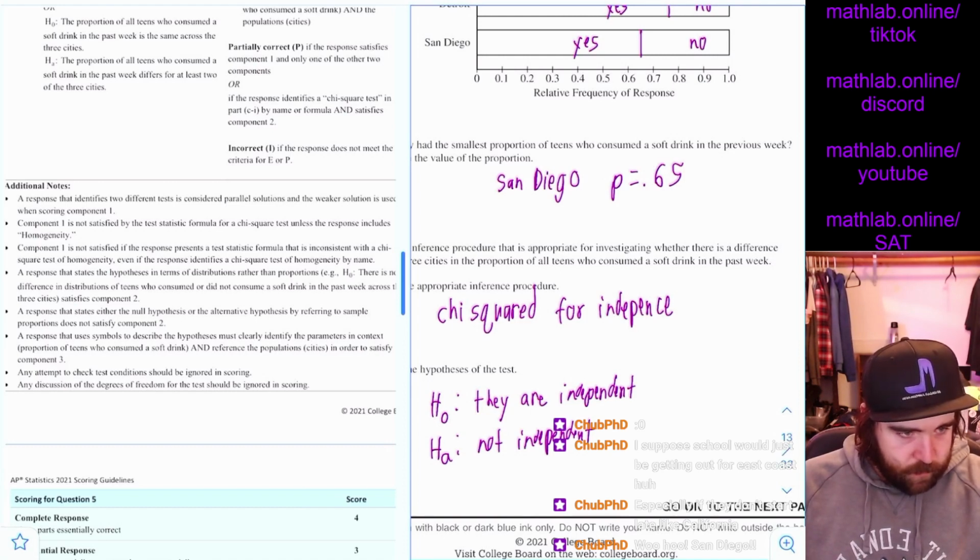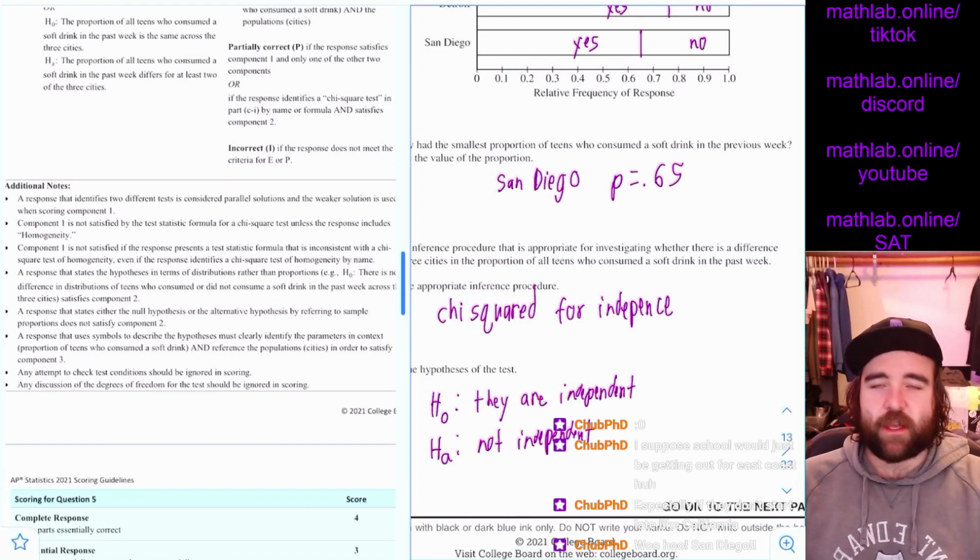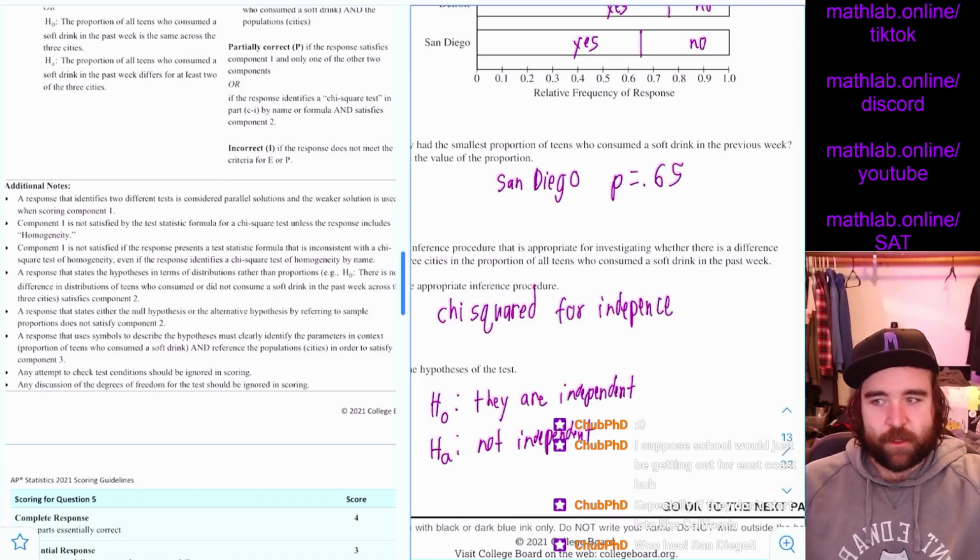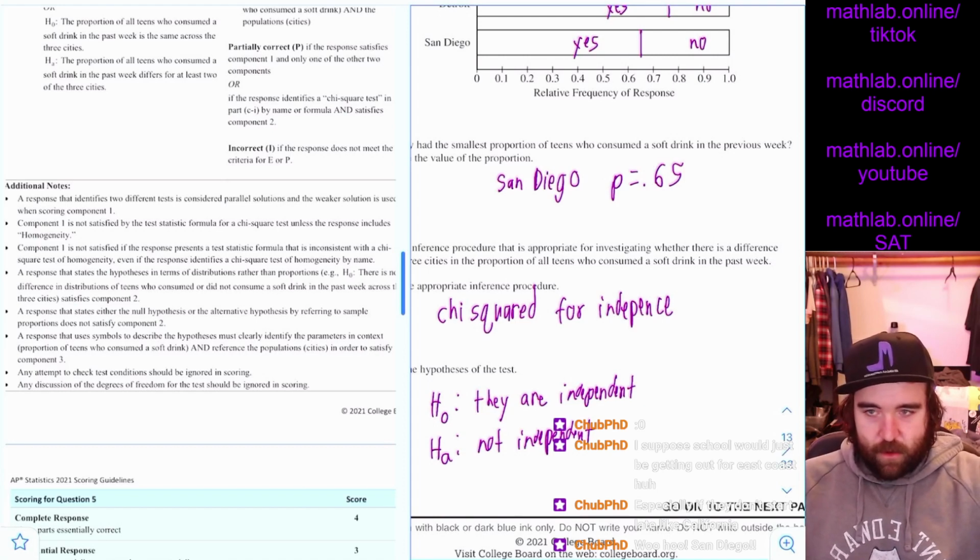The main difference to remember between the two is that the test for independence looks for an association between 2 categorical variables within the same population, and homogeneity in several populations. But this is like one population, Americans, and we have multiple different, we have city that they live in and whether they drink soft drinks or not.